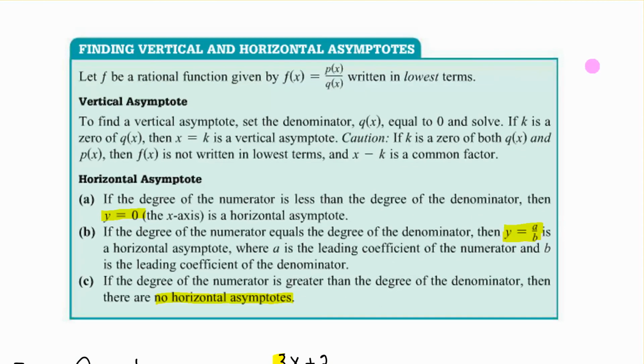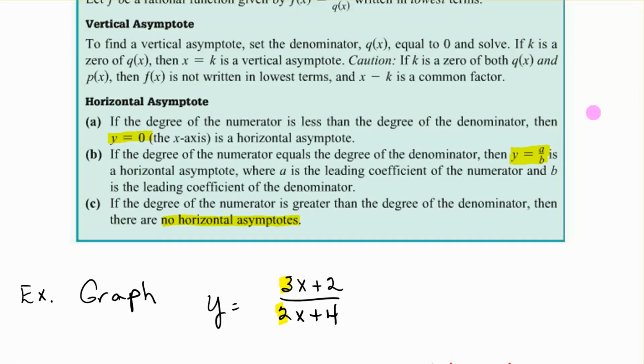This is how you find vertical or horizontal asymptotes. To find the vertical one, you're going to take that denominator, set it equal to 0, and you'll get your vertical one. Horizontal has a little bit more to it. You look at the degree of the numerator and the degree of the denominator.